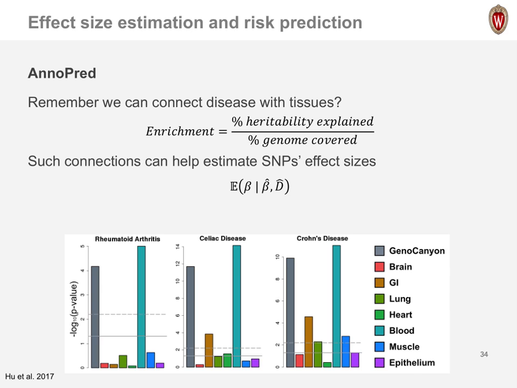You have this prior information that it's more likely to be functional for all three diseases. But when you have a SNP that's in a GI functional region, you know it's more likely to be functional specifically for these two diseases, but not for RA. So essentially, by using this enrichment analysis, you can put together an informative prior that in a Bayesian framework you can use to re-estimate the SNP's effect size.